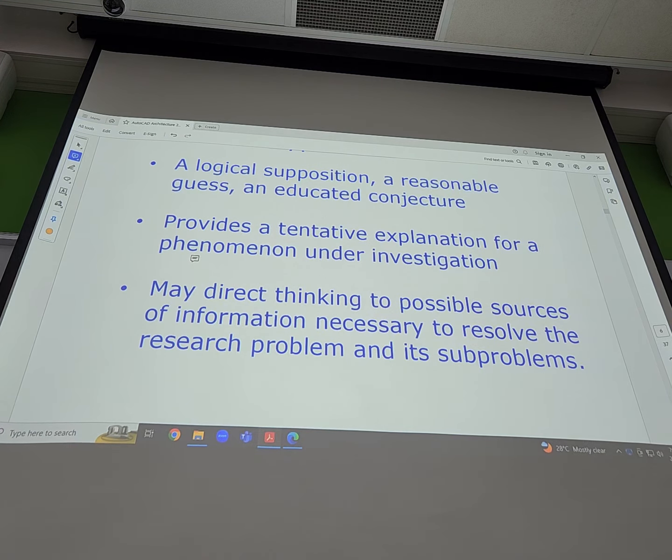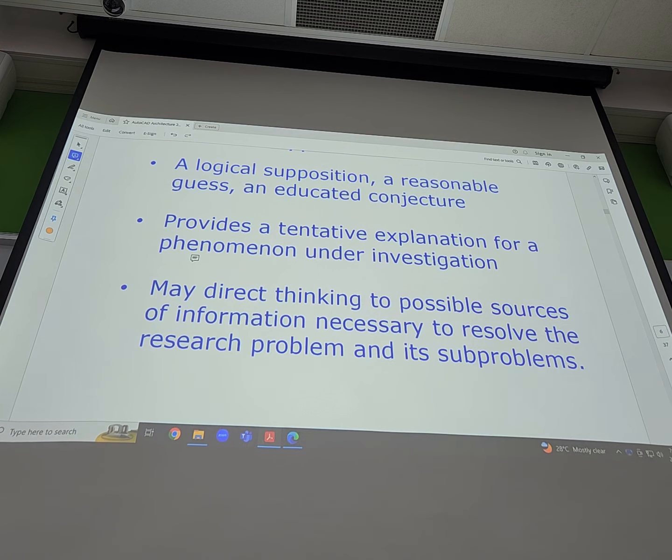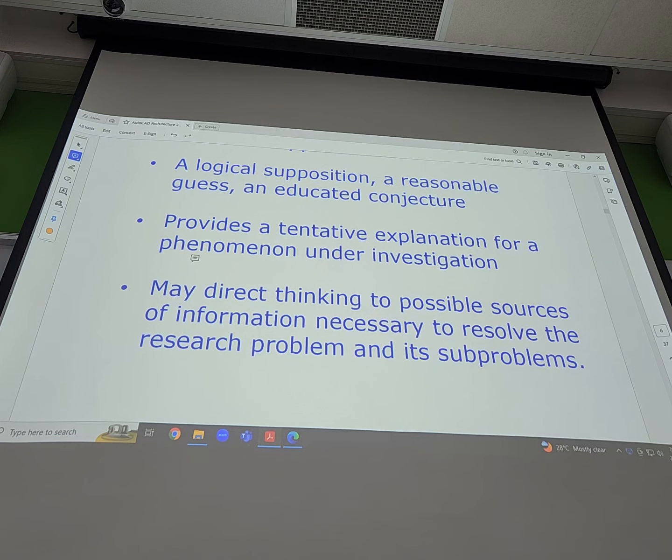This can be a logical supposition. Sometimes this comes up particularly in the pharmaceutical industry. Let us say you're going to test two things. There is a medicine A, which is currently used, and you come out with medicine B. Now you make the assumption that your medicine B is better than medicine A. So this is a supposition.